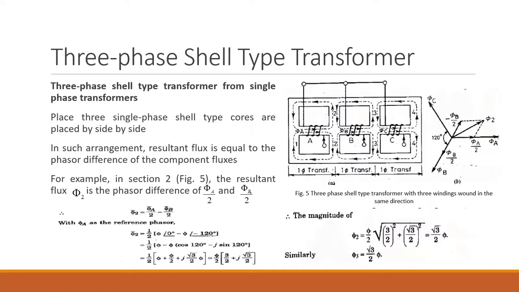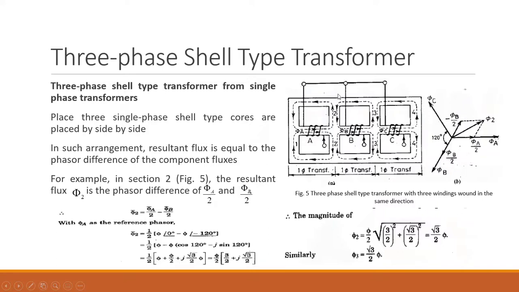In this arrangement, the resultant flux will be equal to the phasor difference of the component fluxes. In this particular section 2, there is flux due to the first transformer, transformer A, and flux due to transformer B, the second transformer.